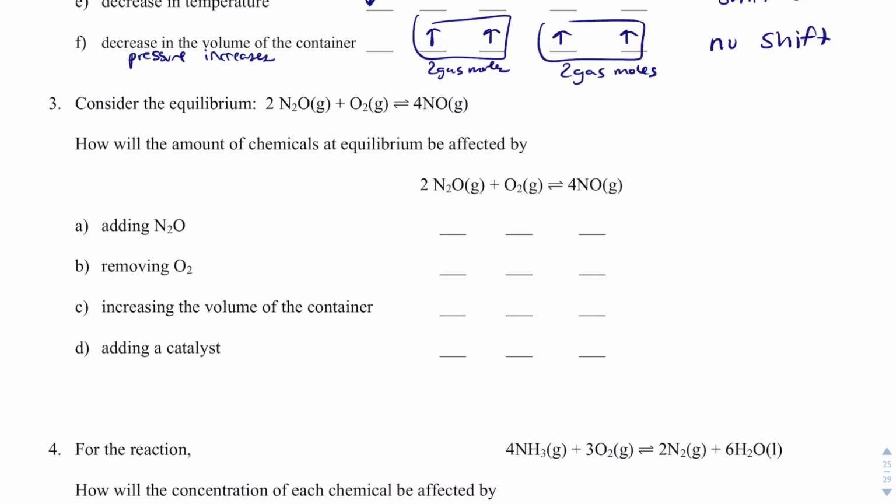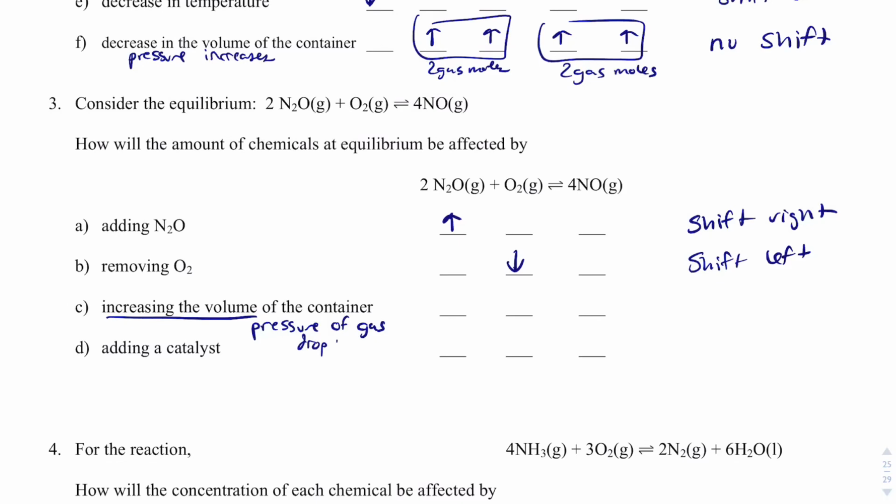If I add N2O, it'll shift right. If I remove O2, we'll need to make more O2. The way we do that is by going left. If I increase the volume of the container, pressure will drop. Okay, so this goes down, and this goes down.